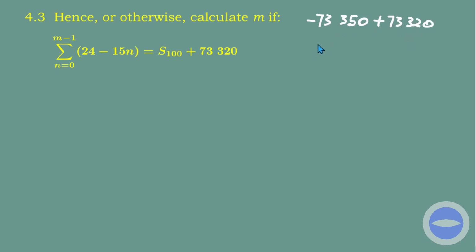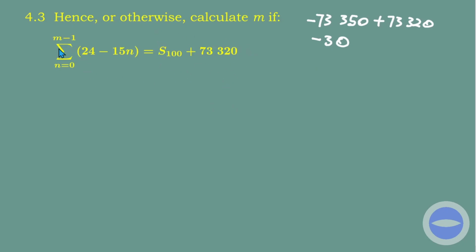So here we end up with negative 30. You can use a calculator, which makes negative 30, and then we know that this is negative 30.